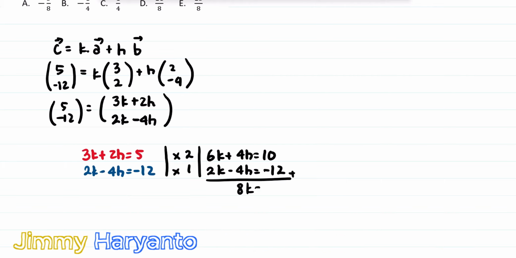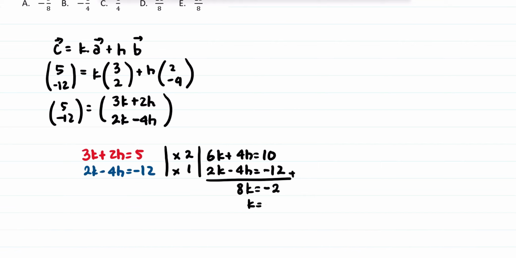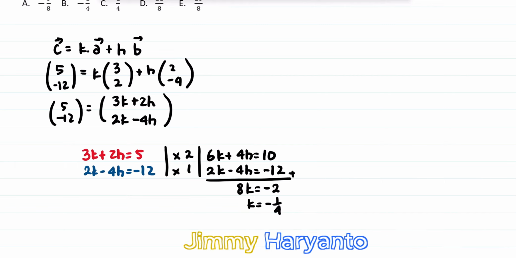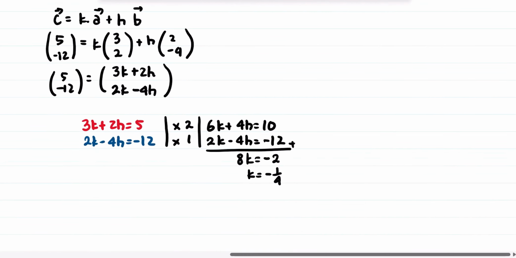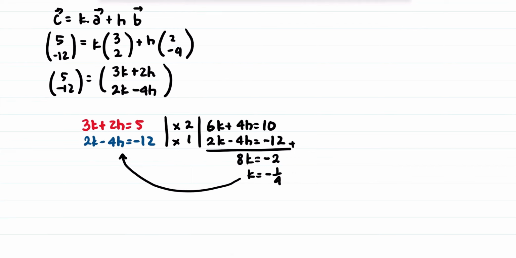You'll have 8k equals negative 2. Oh no, okay, that's okay. Let's try it first. So k equals negative 1 over 4, and then I will input it to the blue equation. I will have 2 times negative 1 over 4, and then minus 4h equals negative 12.